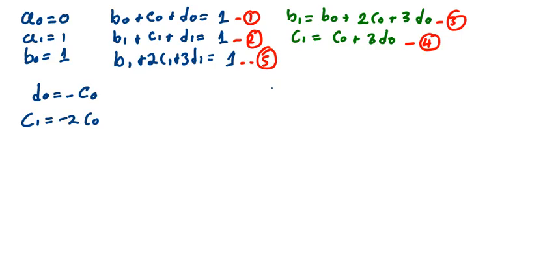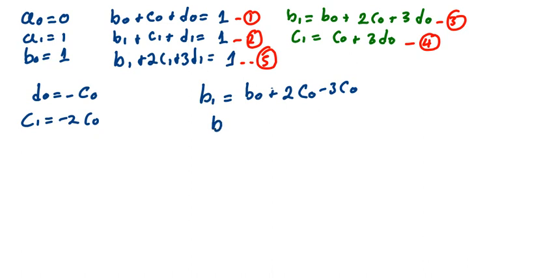So what follows after we have done this? Okay, so I'm going to substitute again this same d naught in equation 3. I was substituting in equation 4. I will do again in equation 3. So my b sub 1 will be equals to b naught plus 2 c naught plus 3 d naught, which is actually minus c naught, so that just becomes a minus 3 c naught.